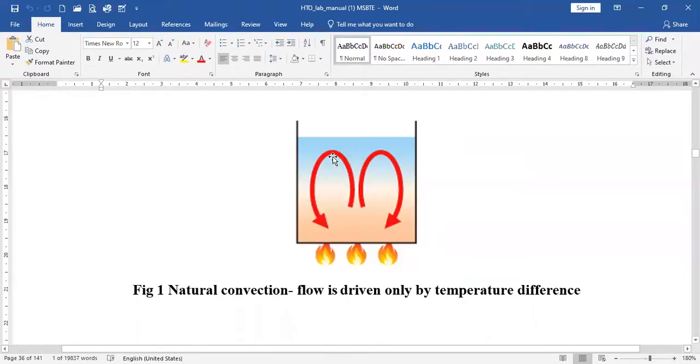If the molecules are denser or heavier than other molecules, then they go towards the bottom side, and likewise these natural currents occur. Due to these natural currents, it is called the convection phenomenon, that is natural convection or free convection.